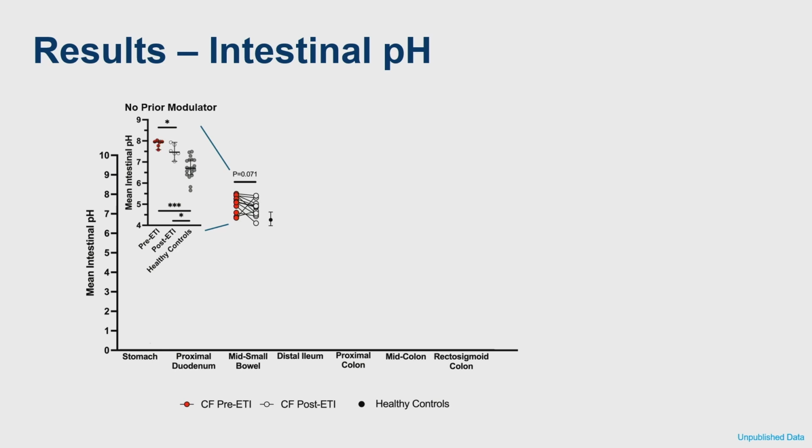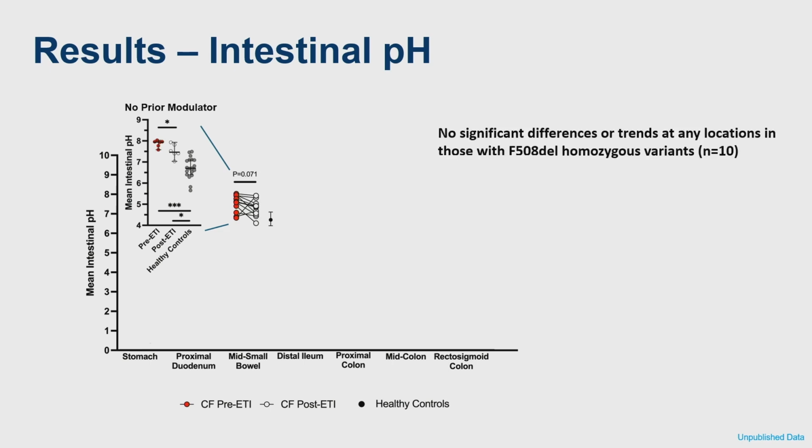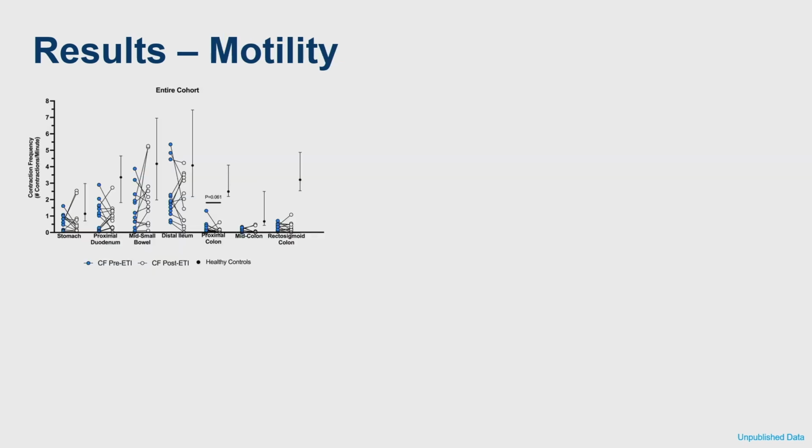But when you put it in the context of the healthy controls, which actually have lower pH than the pre-ETI CF, it's sort of trending more towards that normal situation. There were no significant differences or trends at any of the locations when we looked at those that were only F508 del homozygous variants.